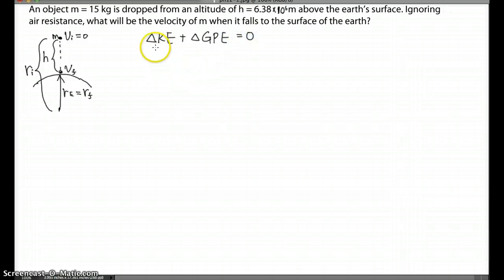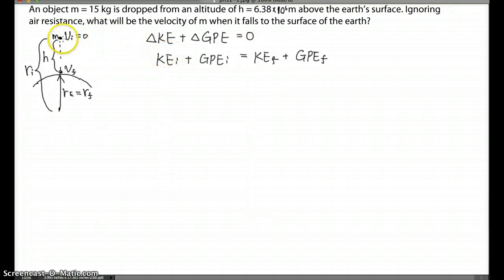This can also be written as KE initial plus GPE initial equals KE final plus GPE final. Basically, the total mechanical energy at the initial position equals the total mechanical energy at the final position.